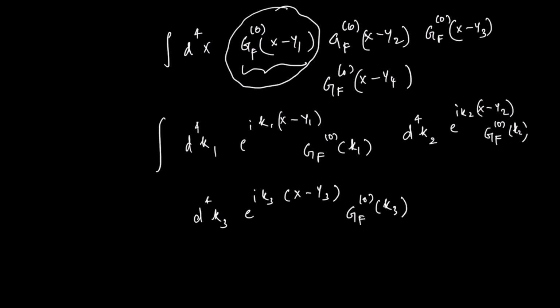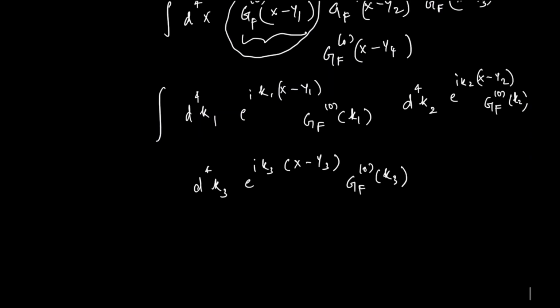Similarly, I can Fourier transform the last term G_F(x - y4) into momentum space. So that will be d⁴k4 e^{i k4 (x - y4)} G_F(k4).